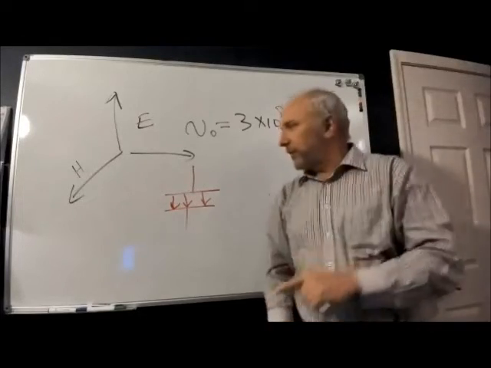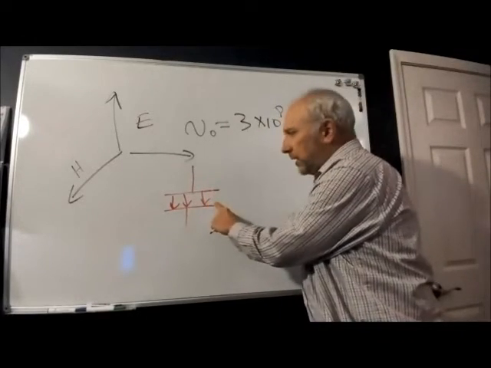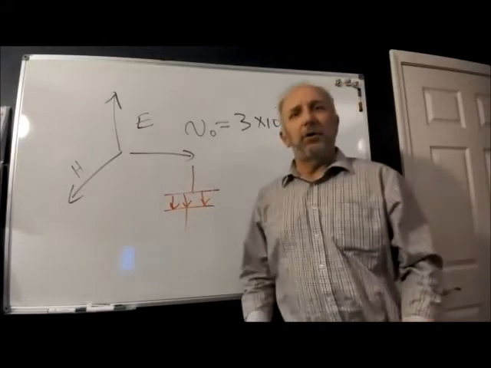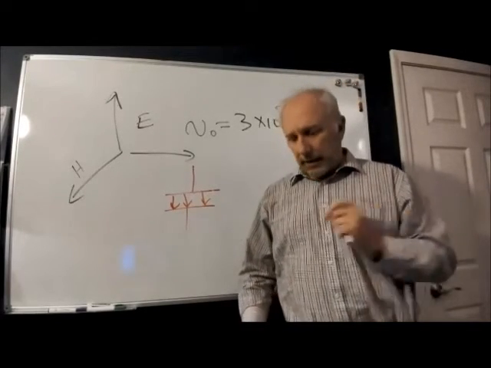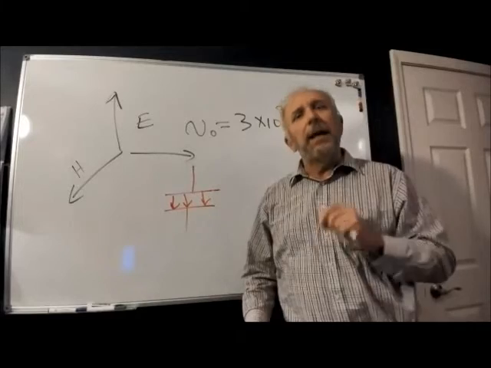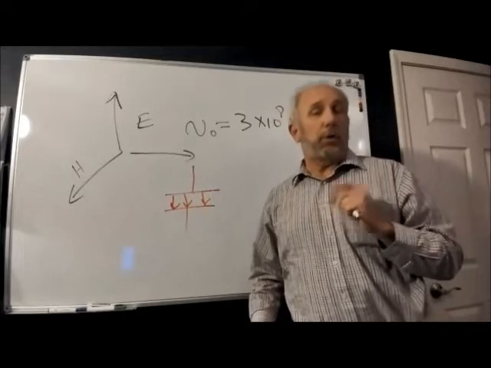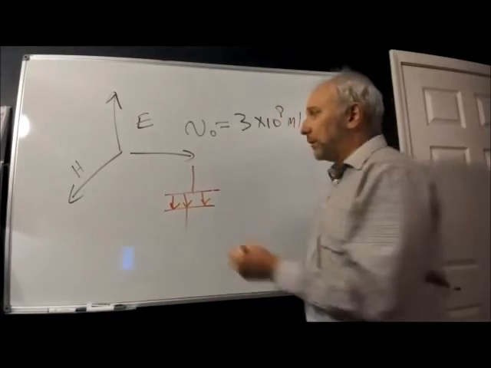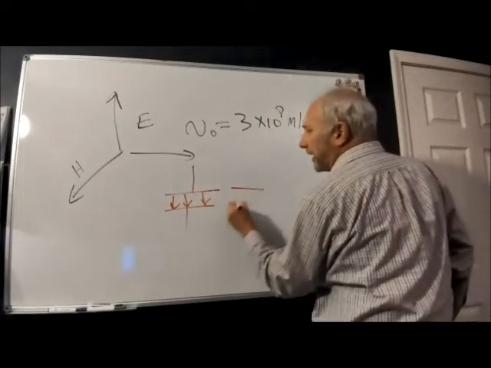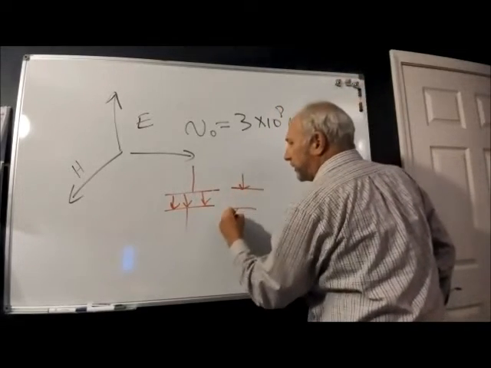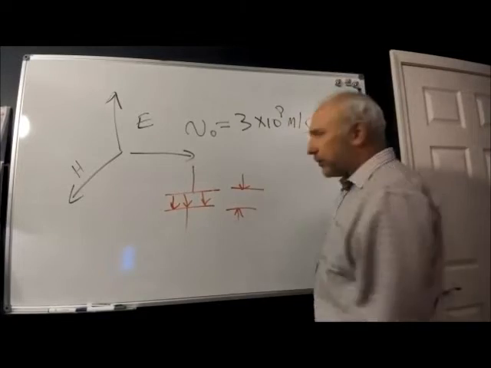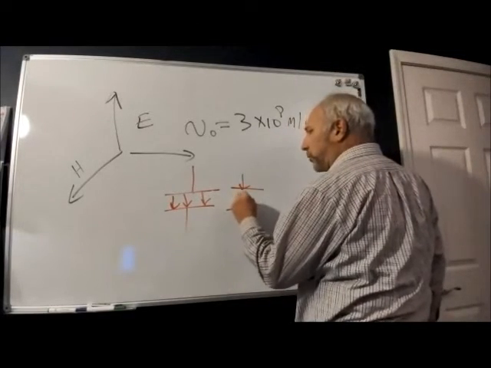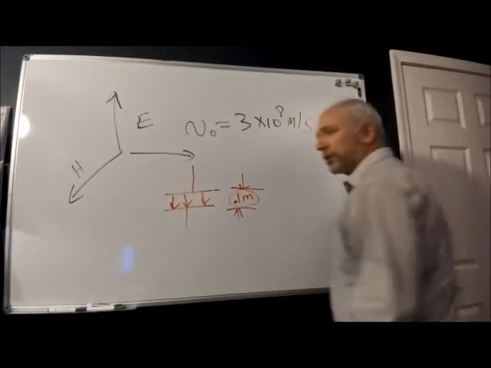This is an electric field because it has magnitude and direction. The magnitude is proportional to the amount of charge contained in that capacitor. Then we quantify that electric field in the following way. We might talk about the distance between these two conductors, and I'm just going to say this is 0.1 meter.